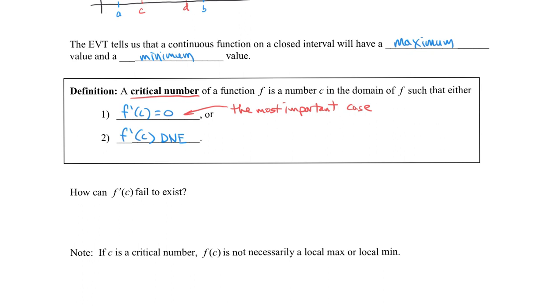Okay, so this talks about the derivative not existing. So how can f prime of c fail to exist? We talked about this quite a bit in section 2.8, so I could say see the section 2.8 notes. But a quick review basically is, how can the derivative fail to exist?